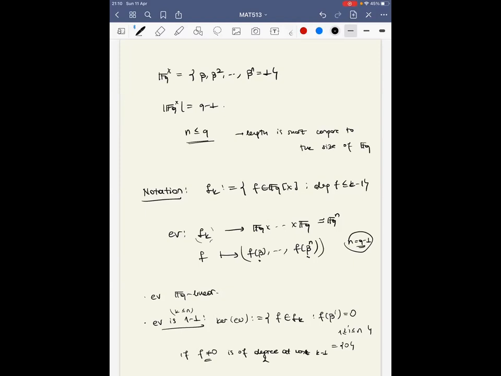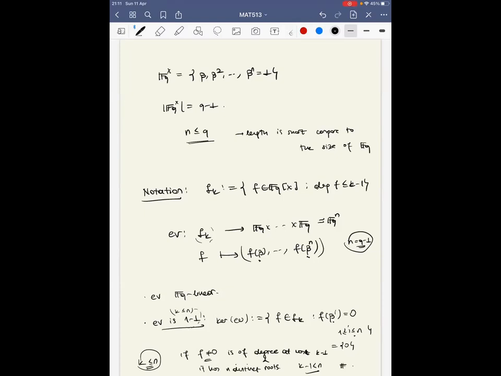But if it is in the kernel, it has n distinct roots, because the distinct powers of the primitive element are also distinct. But since the dimension can be at most the length of the code, k minus 1 is strictly less than n, so this is not possible. This gives us a contradiction. It means this is one-to-one.